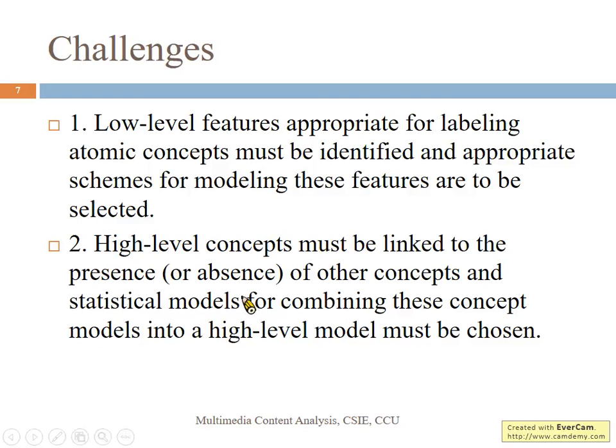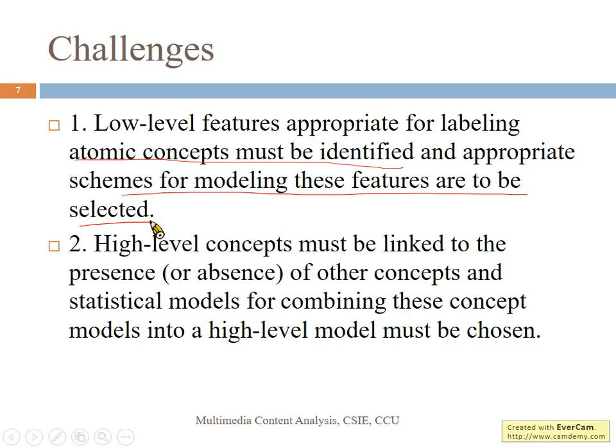And the challenge of such work is that the low-level features appropriate for labeling atomic concepts must be identified. So what kinds of features are more appropriate to detect the defined atomic concepts? And the appropriate scheme for modeling these features must be selected.